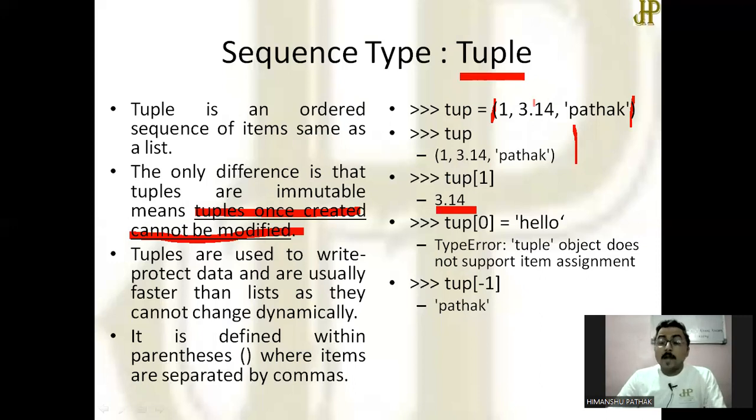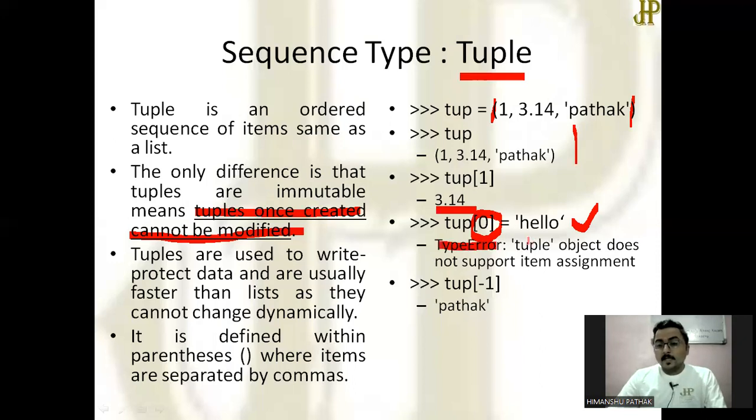Now, I'm going to change the value of the 0th position here. As I discussed, I told you that data cannot be changed in a tuple. So whenever I try to do that, an exception will be generated, and that exception is a type error.